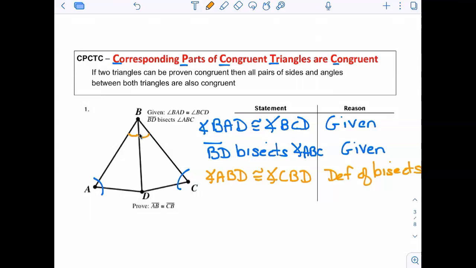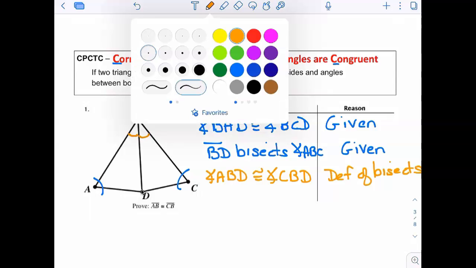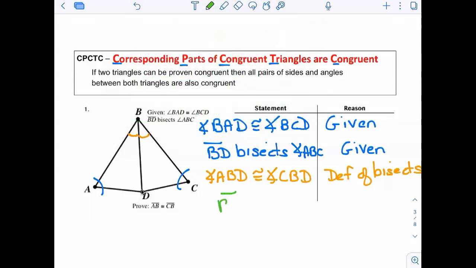Now we have two angles that are congruent, and then I see that we have a common side right here that is congruent to itself. So we can state that side BD is congruent to side BD by reflexive property.